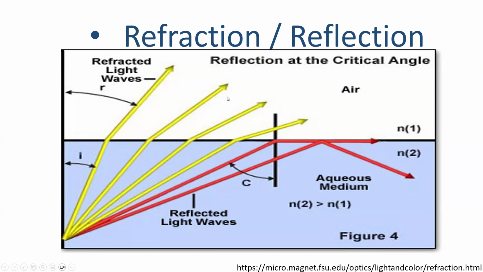Lower index of refraction doesn't slow the light as much, purer or less dense than this medium here, which is water, and light travels faster. All right, got that? We're getting somewhere with this.